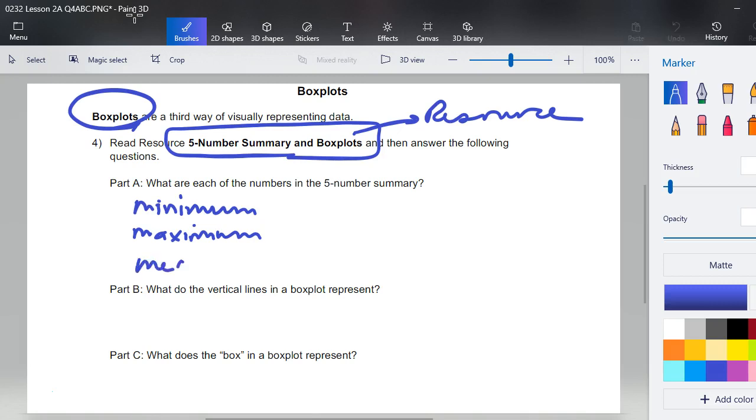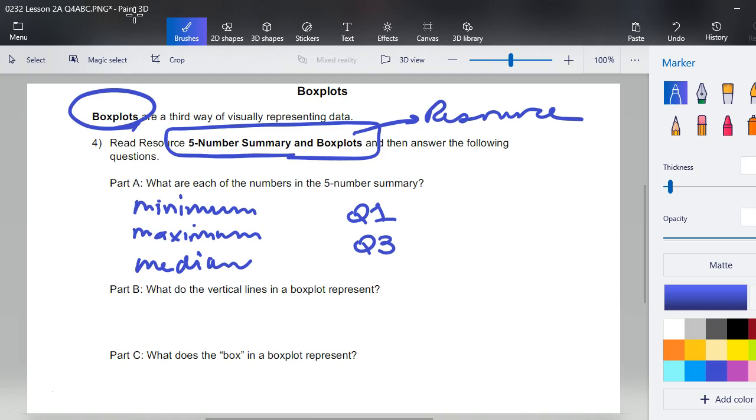The next one that's easy for me to go to is the median. It's in the middle. And we'll come back and assign some percentages. But looking at the minimum, maximum, and median, then you're going to have quartiles. We've got a few more over here, but we mention these as quartile 1 and quartile 3.